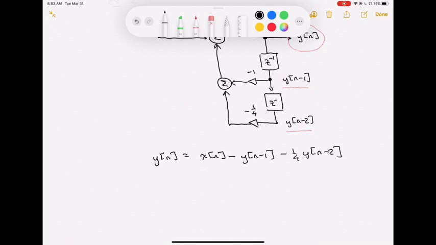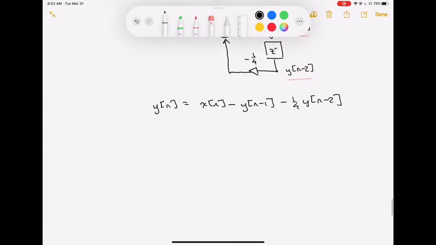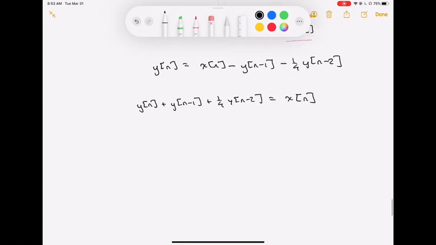It's not in standard form, but I can easily do that. I'm going to bring the output terms over to one side. So I'm going to have a y of n, plus y of n minus 1, plus 1/4 y of n minus 2, being equal to x of n. That's a standard form constant coefficient linear difference equation in delay form.